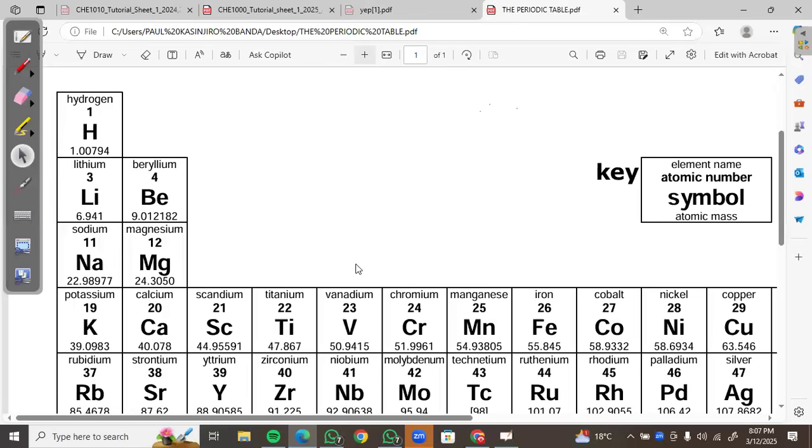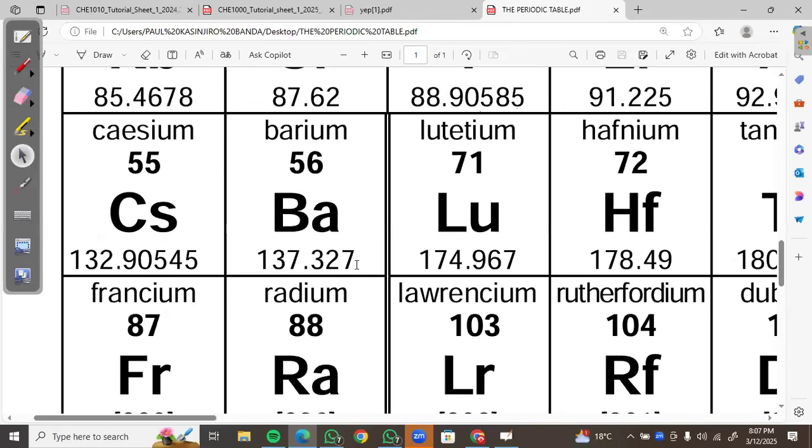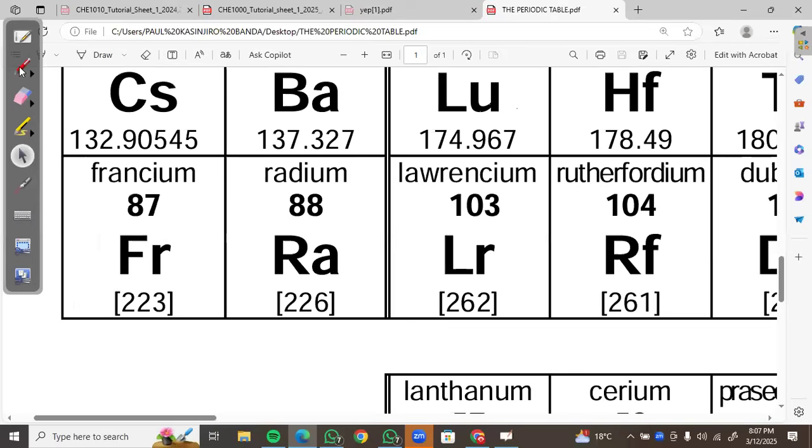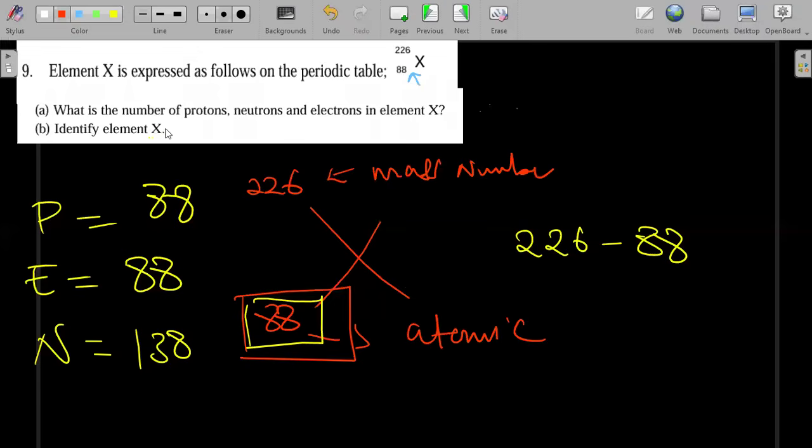Let me zoom in. 88 is this one. You can see that on top it has 88 as the proton number, so we have identified it. That one is Rubidium, the name of that X. So this X will just be Rubidium. All right, any questions here?